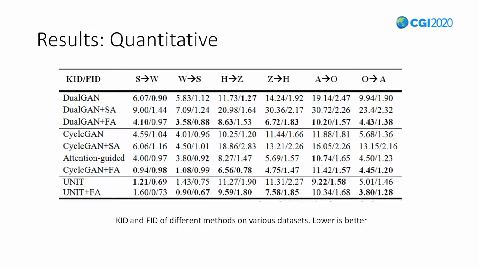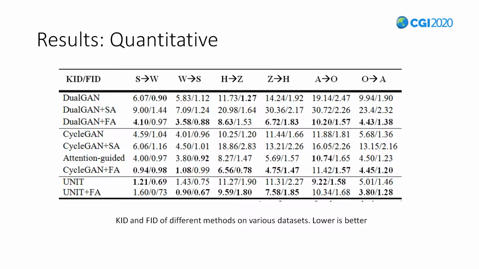The quantitative comparison results with recent state-of-the-art methods on various datasets are shown in this table. It can be observed that, first, for every baseline, the new network armed with FA modules significantly outperforms the original one, and the one armed with SA modules on almost all datasets.